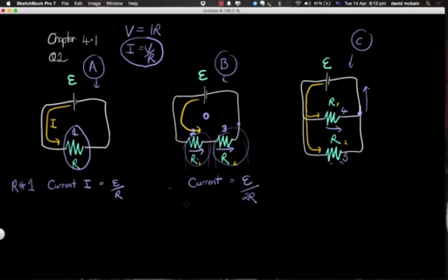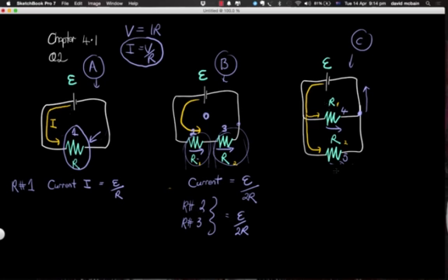So resistor number 2 and resistor number 3 both have the same current flowing through them, and that is E over 2R, which is half of the value of this current. So far, the current flowing through this resistor is winning.